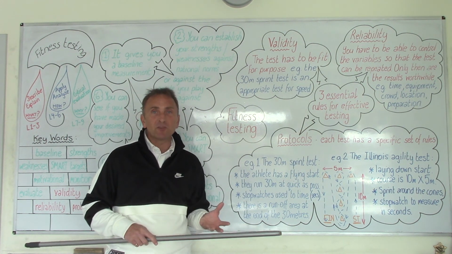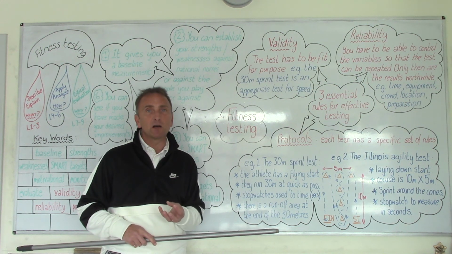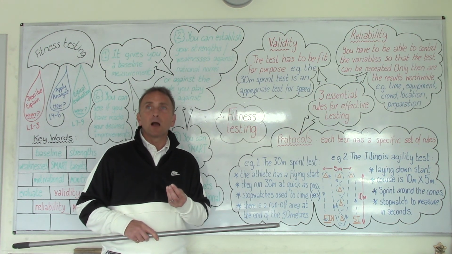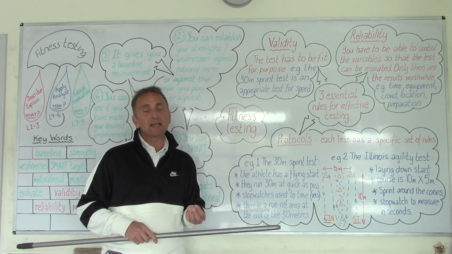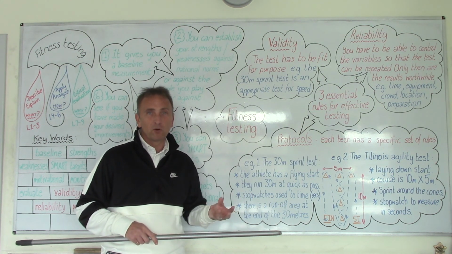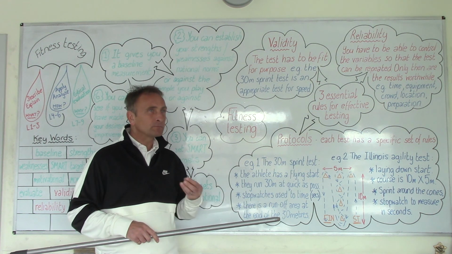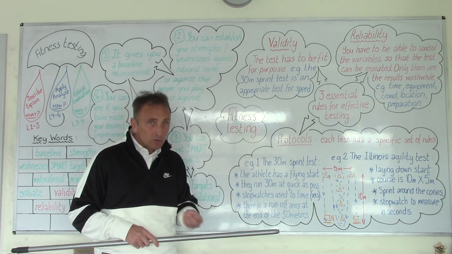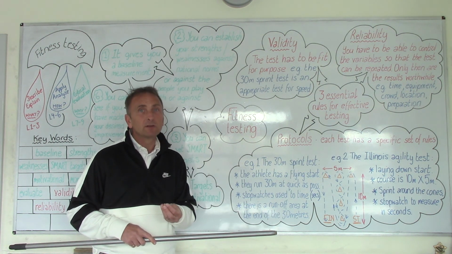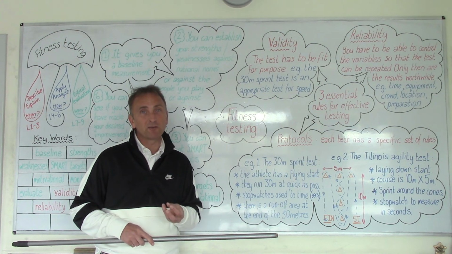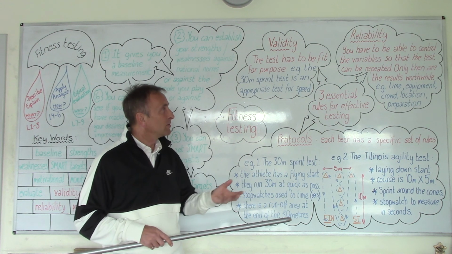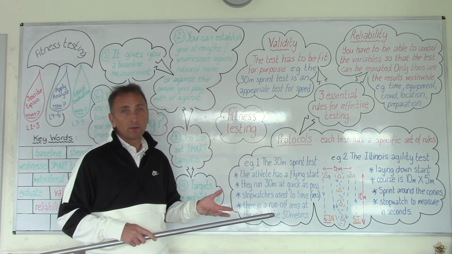My preparation for that test would have to be the same as well. So, how much sleep did I have the day before the test? What diet did I have before the test? If you can control those variables, then the test becomes reliable. And if the results are reliable, then they're worthwhile.